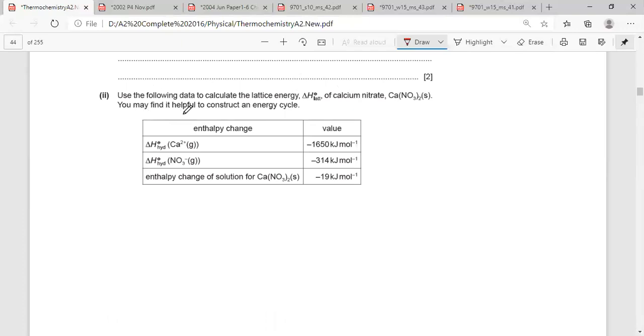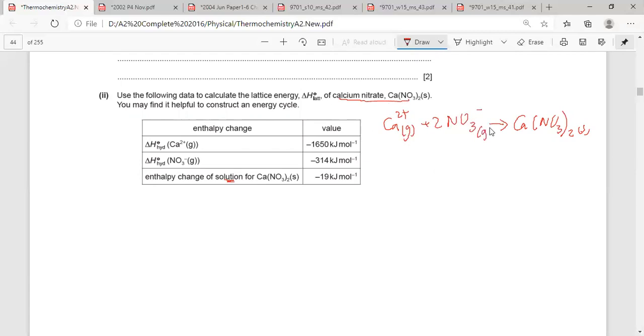It may be helpful to construct an energy cycle. So we ask you to find this calcium nitrate lattice energy, which means what? What's the equation for lattice energy? 1 mole of the solid formed from gaseous ions, Ca2 plus and 2 nitrate ions, gas.